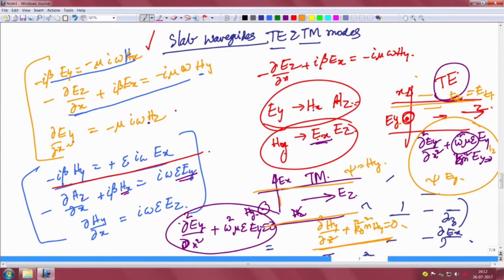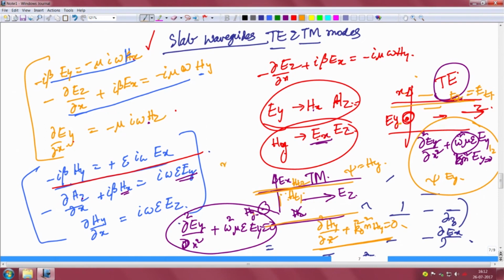In the case of TM modes, at the boundary the electric field is not continuous. We do not have a field which is just along the boundary, but we have a magnetic field which is a tangential component. So, HT1 should be equal to HT2. The H components in the TM mode can be replaced with E components.